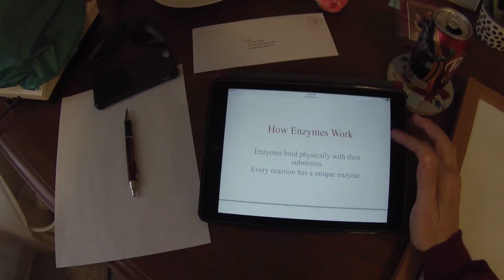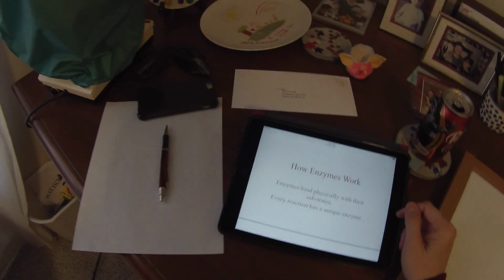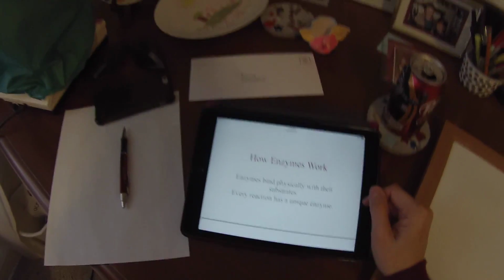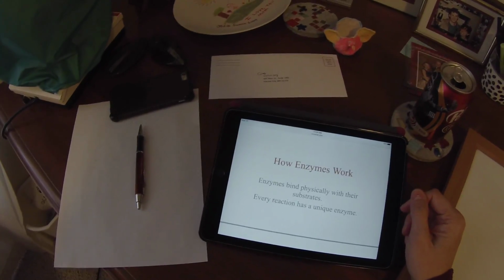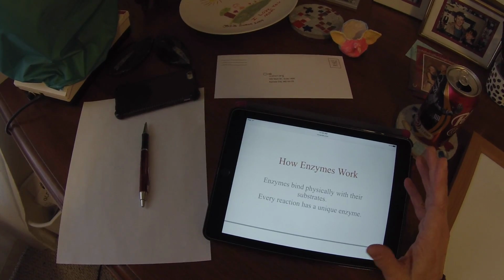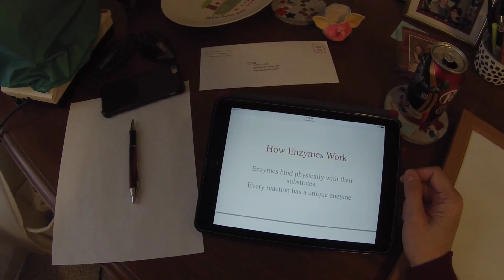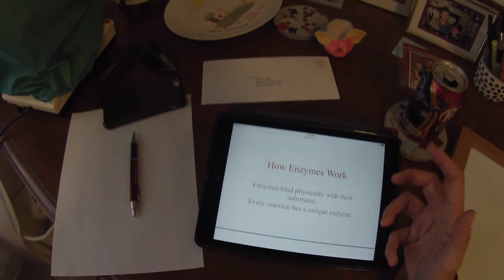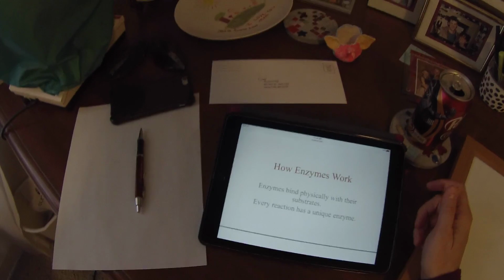So enzymes are one of the functions that proteins have. Some proteins are enzymes, which means they have catalytic capacity. They are going to take a substrate and facilitate its conversion to product. And they do that by binding to the starting molecule, the substrate molecule.